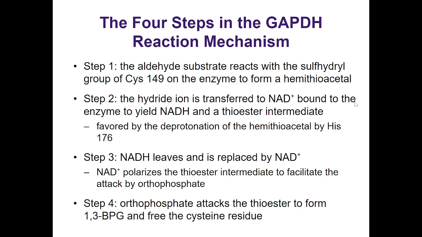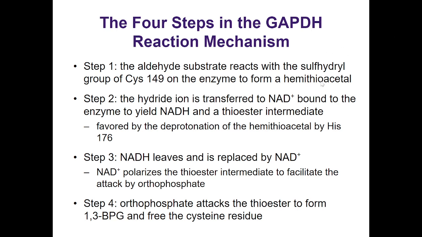Step 1 is going to be the aldehyde substrate reacts with the sulfhydryl group of the Cys-149 on the enzyme. This is going to form a hemi-thioacetal. Do you guys remember your hemiacetals? It was in Gen Chem 1 or biochemistry. At the beginning, we had talked about the hemiacetals or acetals.